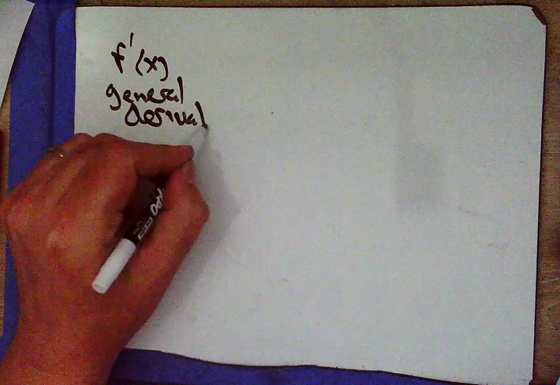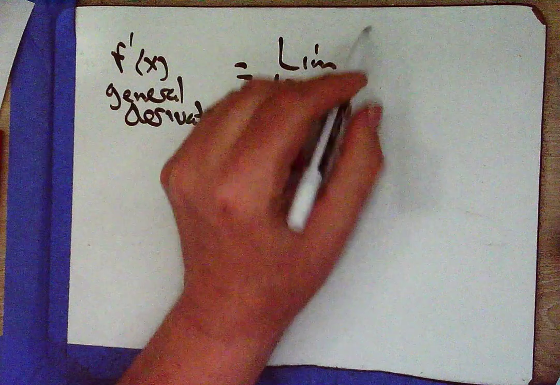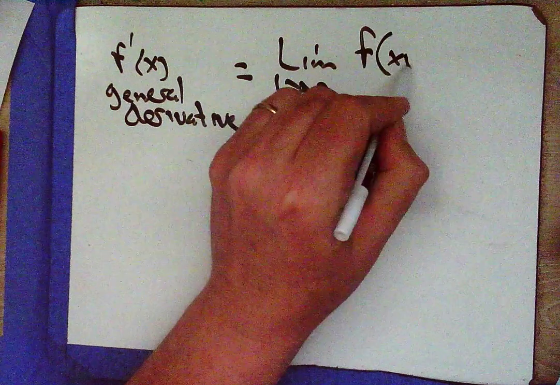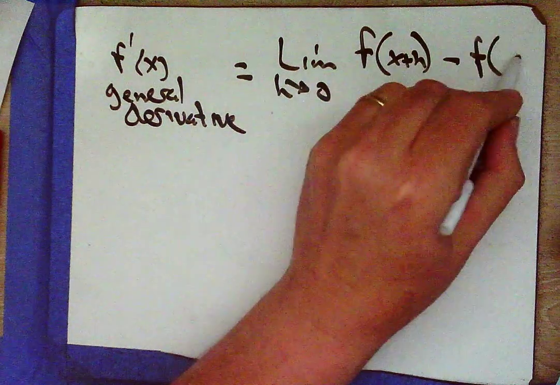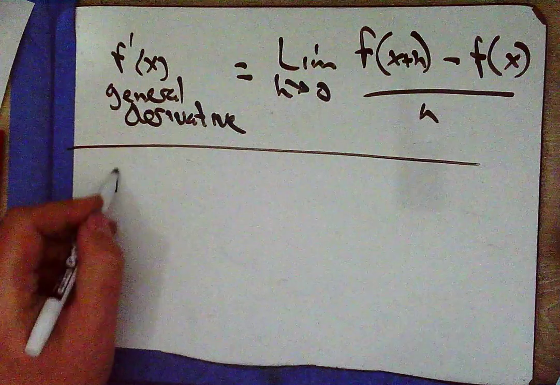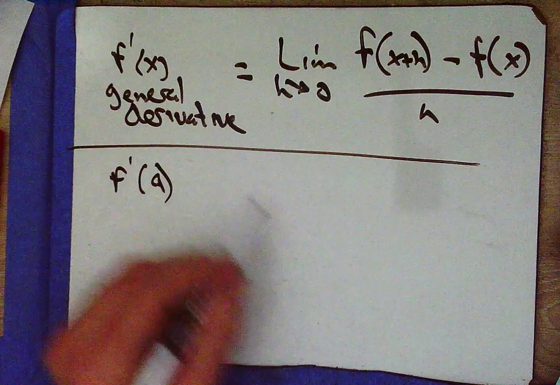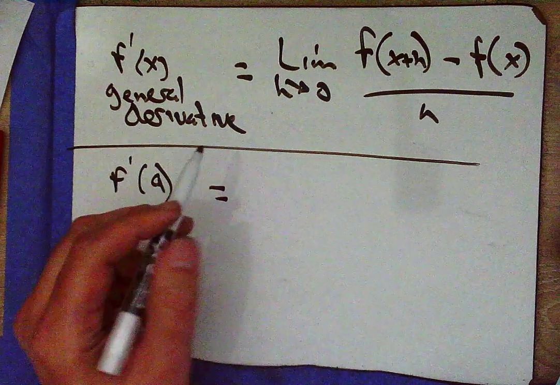So let's just one more time say that f prime of x, the general derivative, is the limit as h heads to 0 of f of x plus h minus f of x all over h. And then we had f prime at a certain point, the slope of f at a certain point. We want to know the derivative at a point.